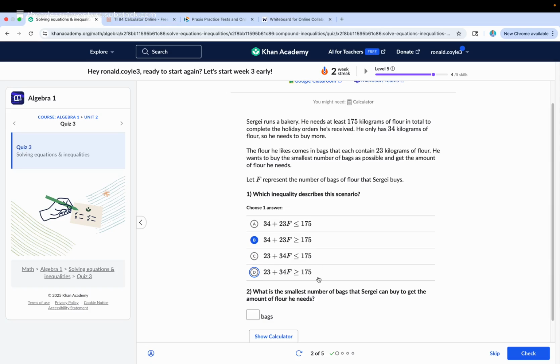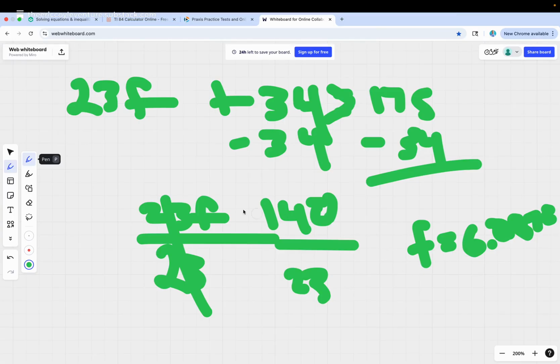And then that answer is 6, so the smallest number of bags I would need to get me there. But bags don't come in 0.0870. So actually the lowest amount of bags that I can probably get is 7. Again, the answer for this has to be greater than or equal to 175.